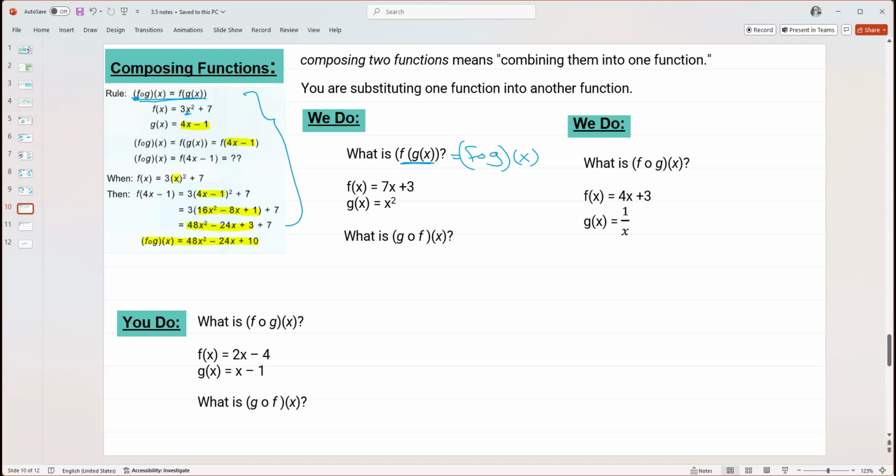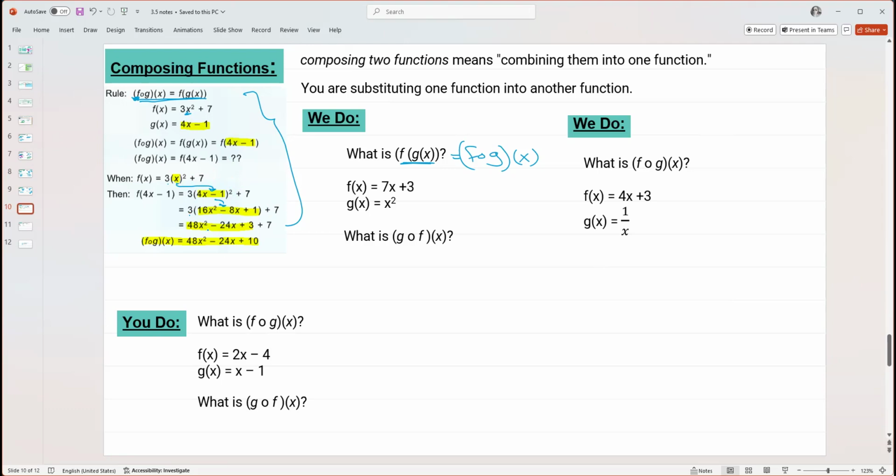Okay, so here it is. Start out with 3x squared plus 7, and I replace that x with 4x minus 1, still squared. Then they expanded it because it was squared. So that's 4x minus 1 times 4x minus 1. It expands out to 16x squared minus 8x plus 1.